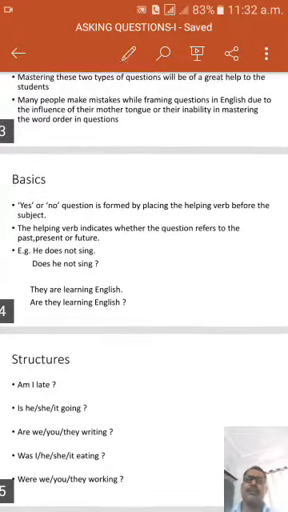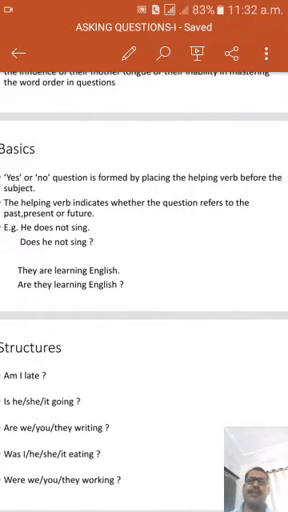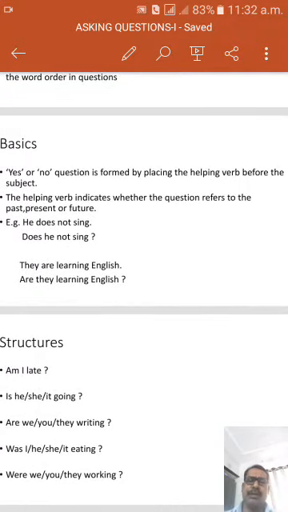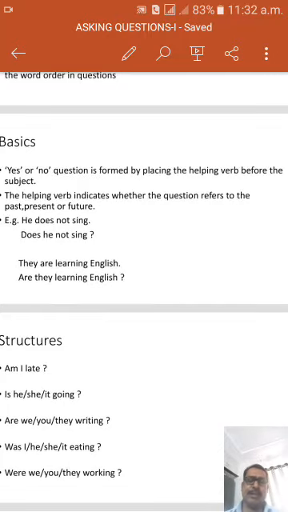Now, further we will learn some basics of this lesson. Yes or no type questions are framed by placing the helping verb before the subject. As I told you earlier, just now, in yes or no type questions, we come across the helping verb in the beginning, in the first place.